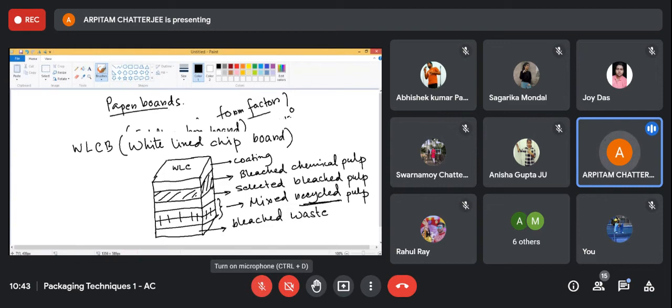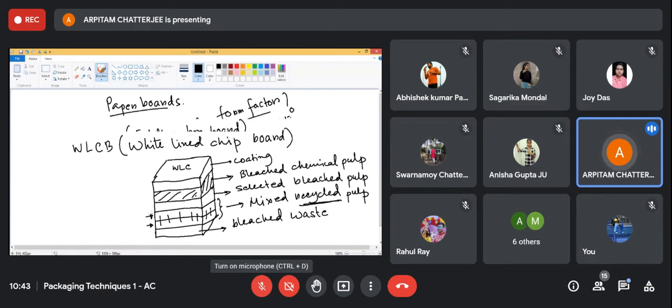So it is a mixed recycled pulp, and what this mixed recycled pulp basically does is increase the strength because you have multiple layers. At the same time, it reduces the cost, and that is why WLC is also a very commonly used board. But in WLC, unlike the previous one, folding box board, you don't have a white appearance on both sides.